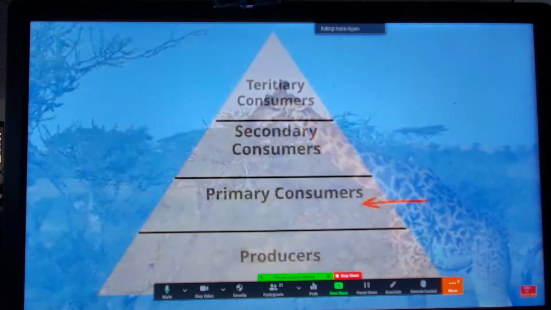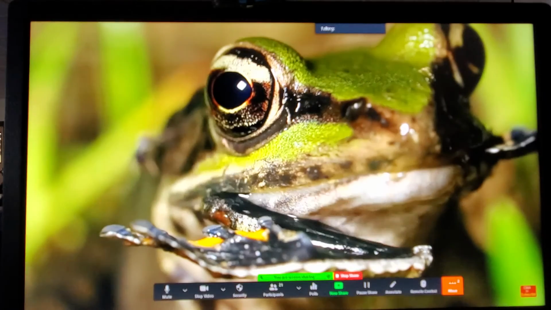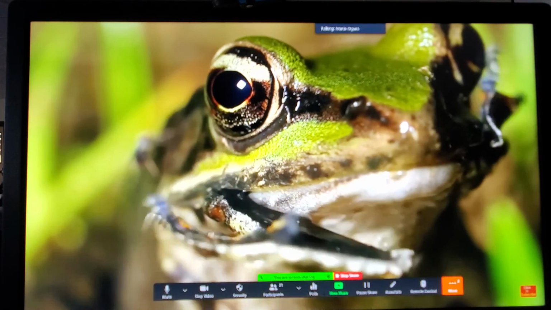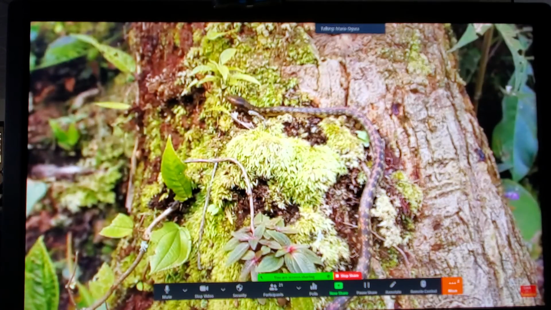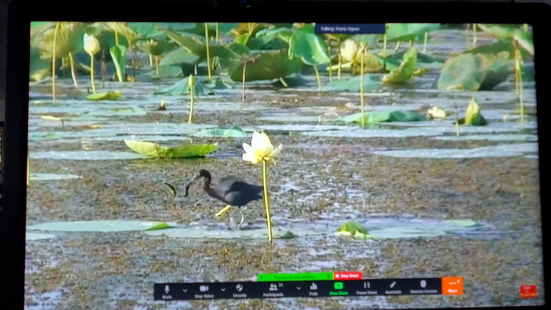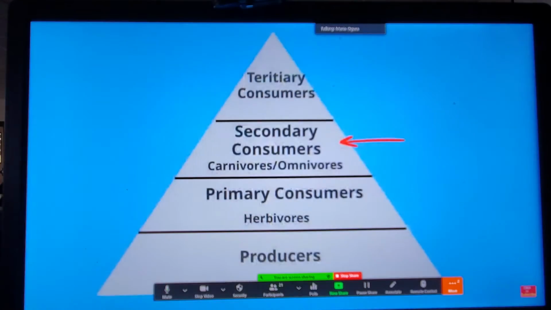The next level includes your secondary consumers, which include carnivores or omnivores. Carnivores consume primary consumers, and omnivores eat producers and primary consumers. Examples include frogs, lizards, many snakes, and many birds. Above the secondary consumers are tertiary consumers.